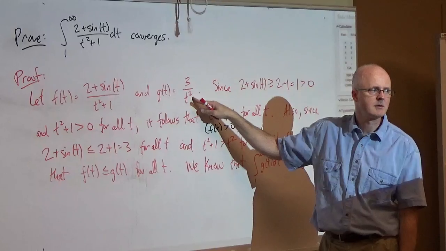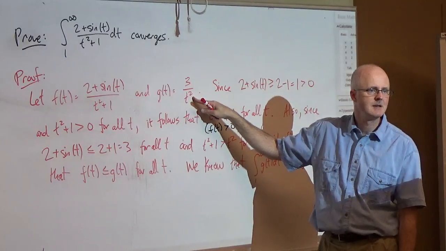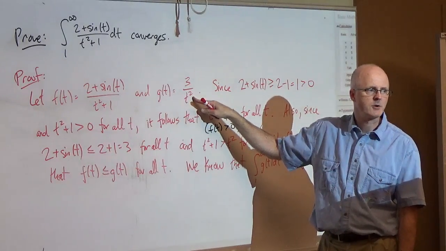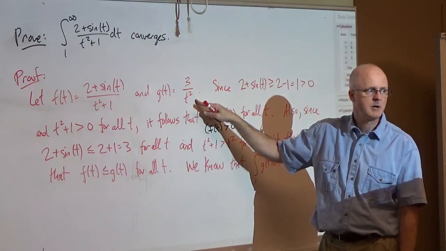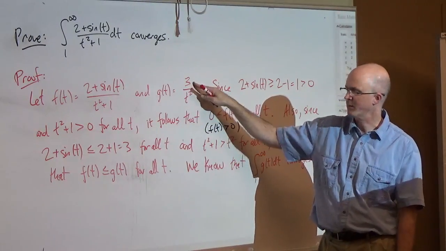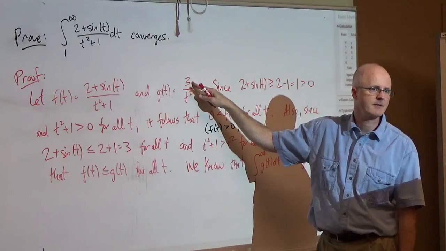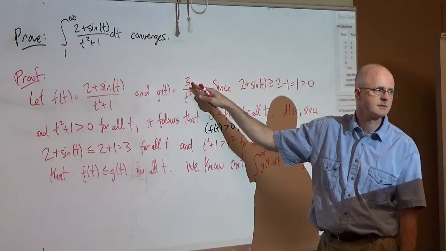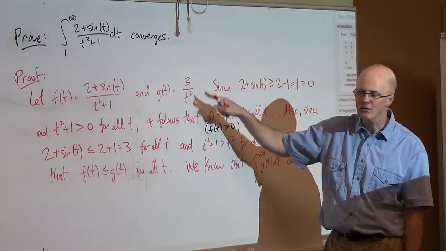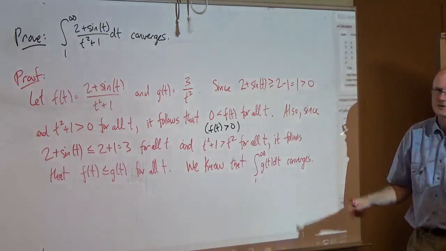Remember that example? Integrating 1 over x to the p from 1 to infinity, the integral converged when p was greater than 1. P is 2 here, bigger than 1. The 3 up there was a 1 before, but it's just a constant. It doesn't affect the convergence. You can definitely say, we know this integral converges.